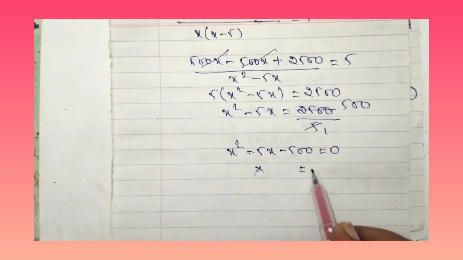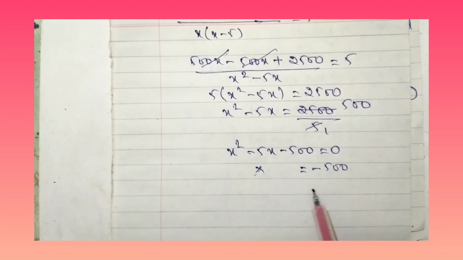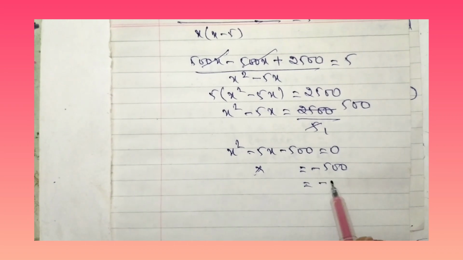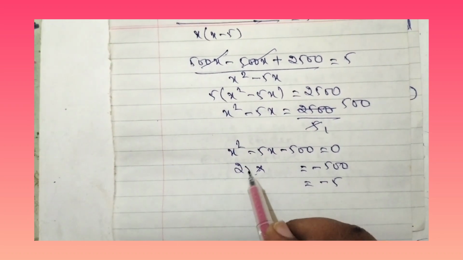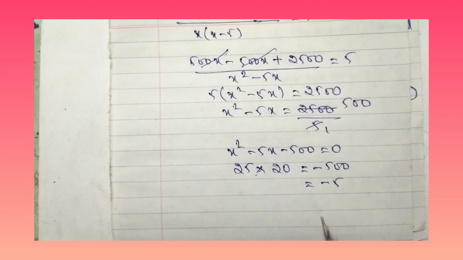If you multiply two numbers, you have to get minus 500. If you add or subtract, you have to get minus 5. So multiplying, we have to get minus 500, and adding or subtracting, we have to get minus 5. Therefore, the two numbers are 25 and 20.